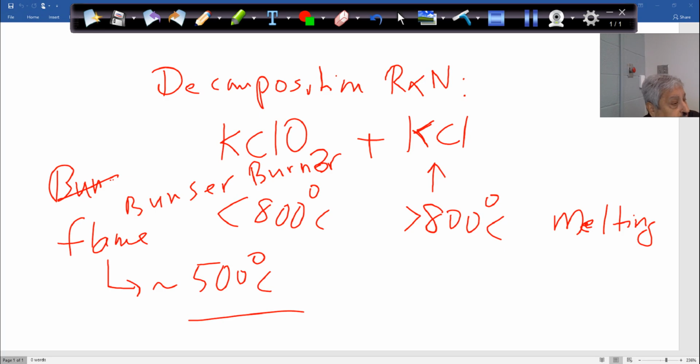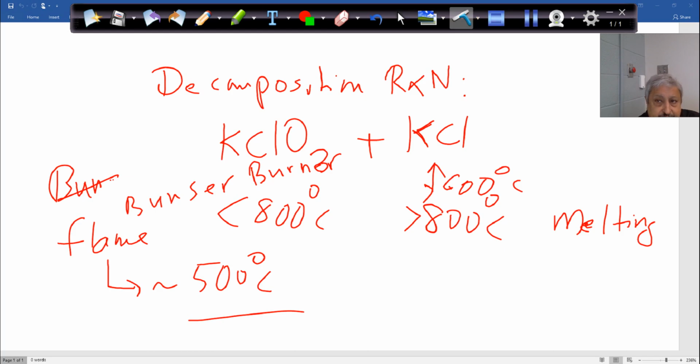If you have a salt, potassium chloride or sodium chloride, it's not melting. The salt inside your food is not melting, because you need a higher temperature than 500 degrees to melt potassium chloride, maybe 600 something to 800. So we'll take advantage of this, and the chlorate decomposes at a lower temperature.